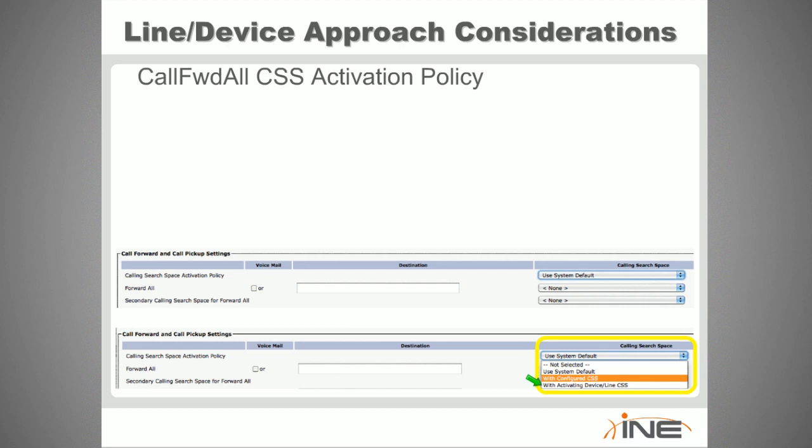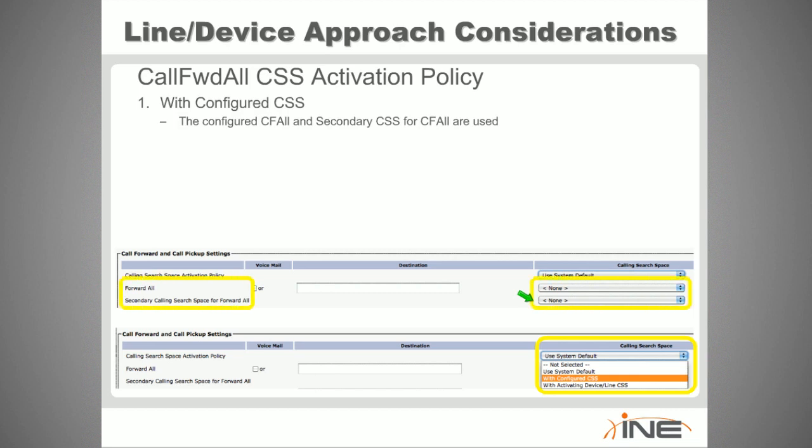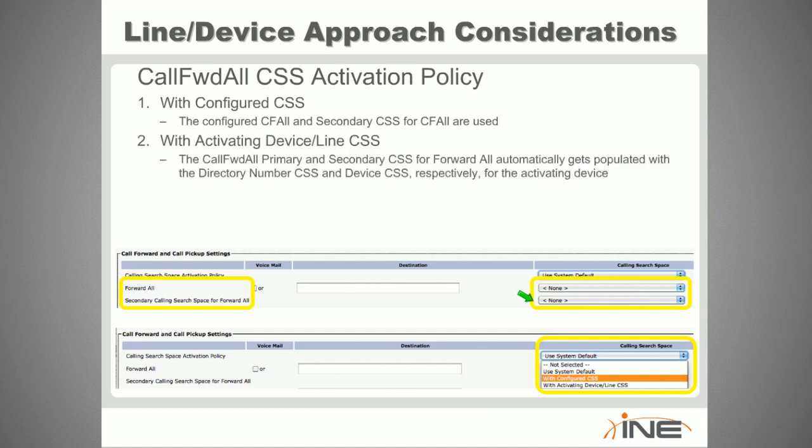With activating device line CSS, that says forget about putting anything here, just go ahead and use whatever class of restriction and local gateways I normally use on my line device. Go ahead and use that for my call forward all as well. Here we're showing the configured call forward all and secondary are used.